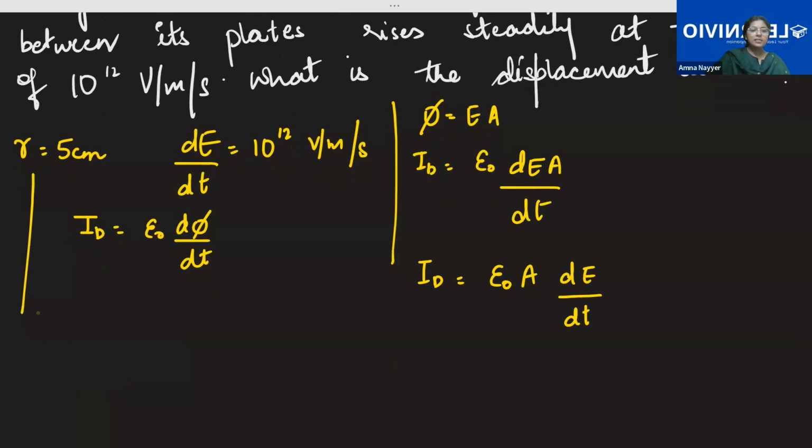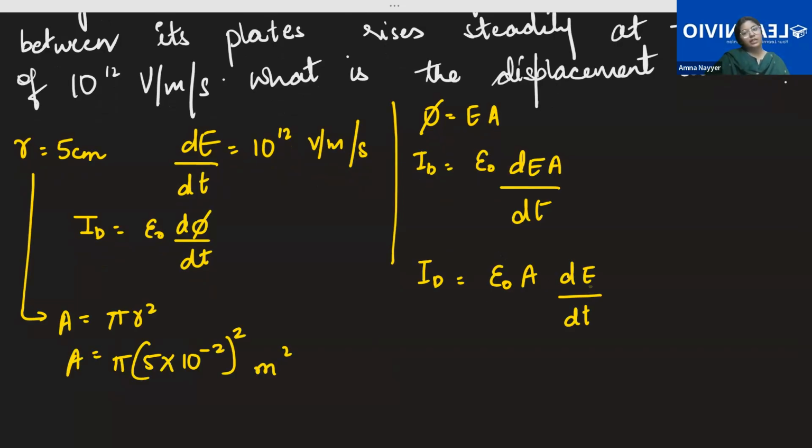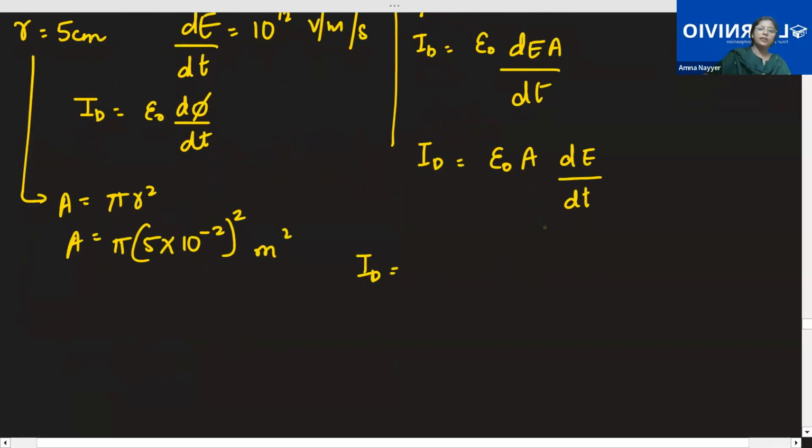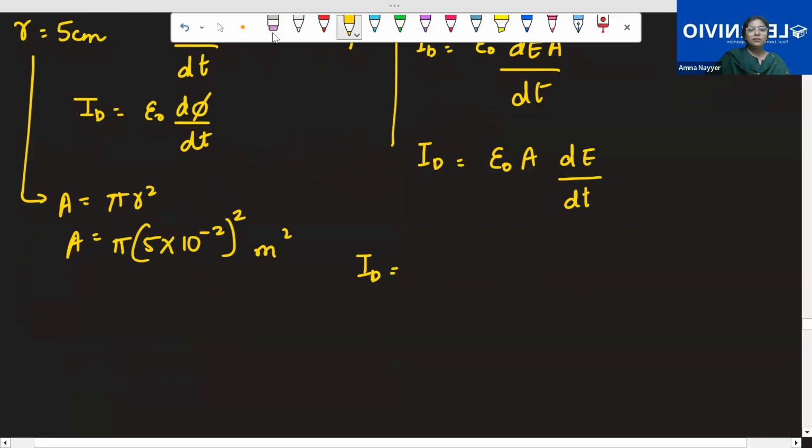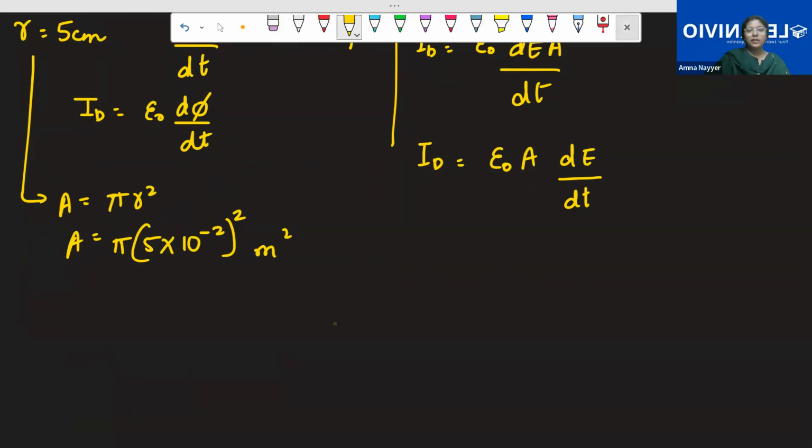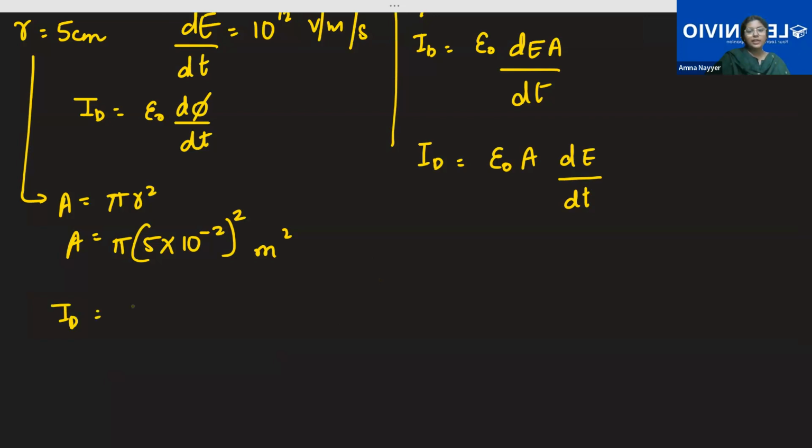Now, since the radius has been given, we can calculate the area as pi r square, which is equal to pi into (5 into 10 to the power minus 2) whole square meter square. That's the area. So epsilon naught, area, dE over dt is given, so I_D can be calculated as epsilon naught is 8.85 into 10 to the power minus 12.